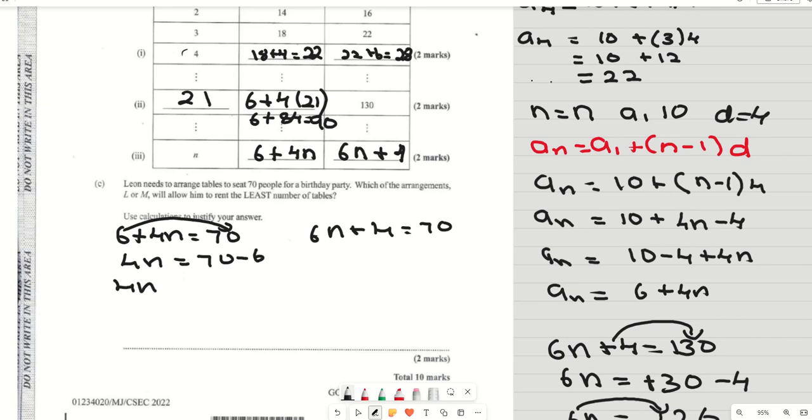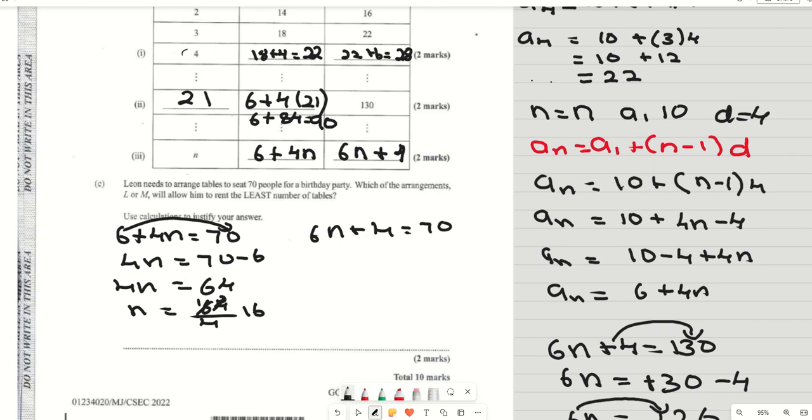So 4n is equal to 64. Right, so n would be 64 divided by 4, so it would be 16 tables.